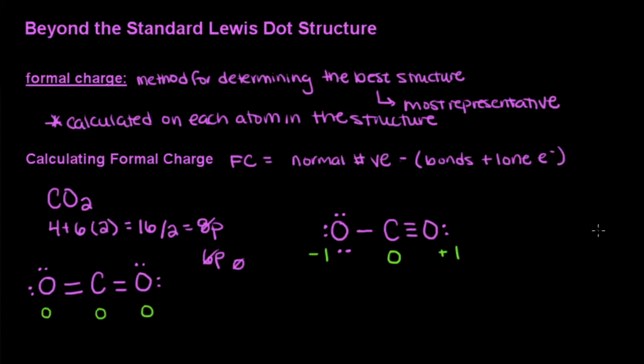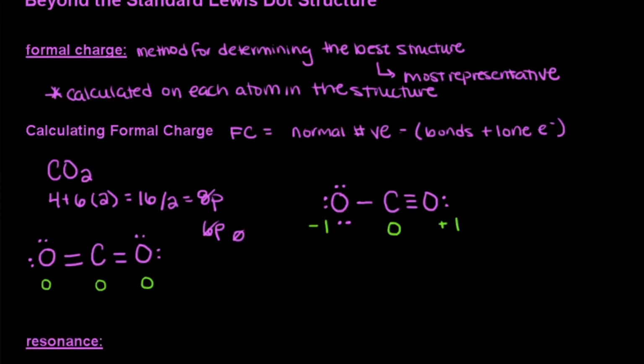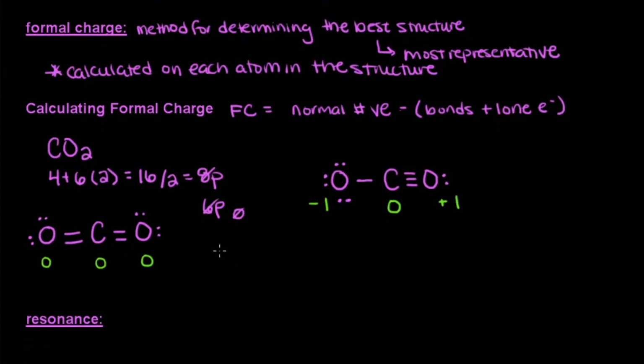Here are the rules for formal charge. The rules state that less formal charge is better. You know what? Instead of saying less formal charge is better, maybe fewer atoms with formal charge.